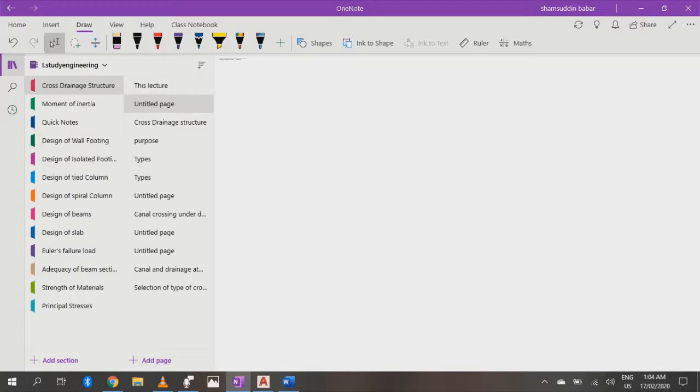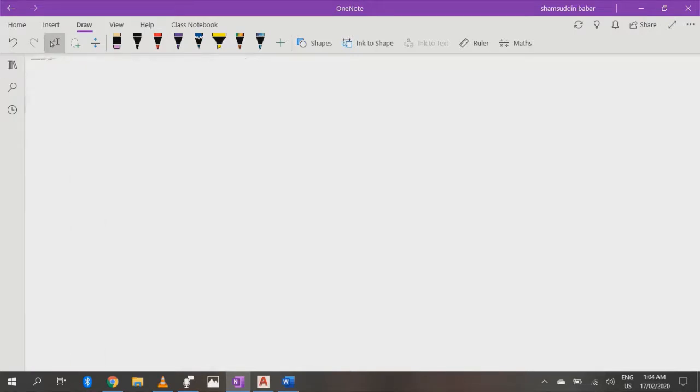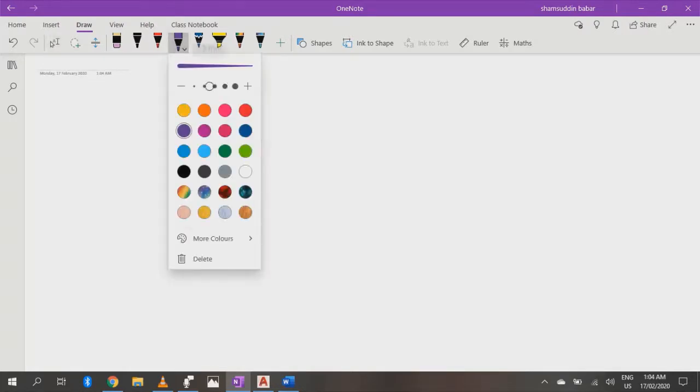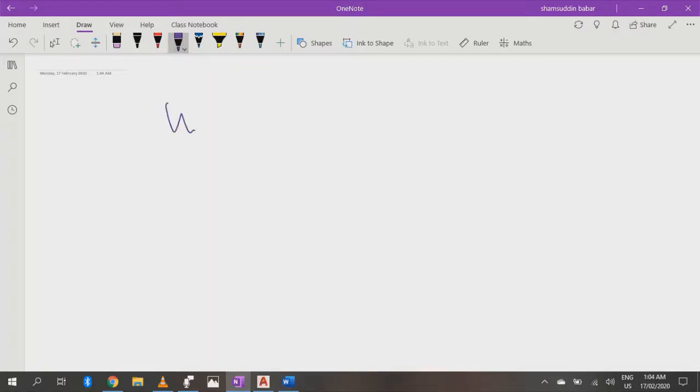For this I can tell you about this. Now for example, there are a total of 5 conditions. These are quite simple and quite understandable. Okay, condition number 1: when the bed level of the canal is sufficiently above the highest flood level of the drain, an aqueduct is constructed. It's quite simple.